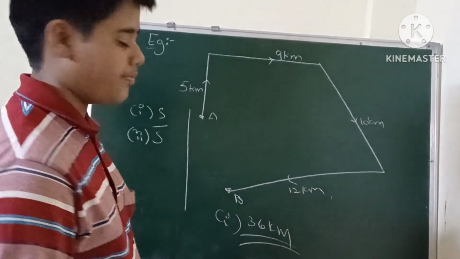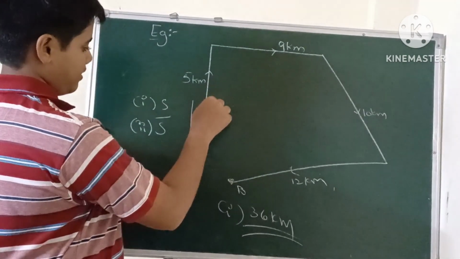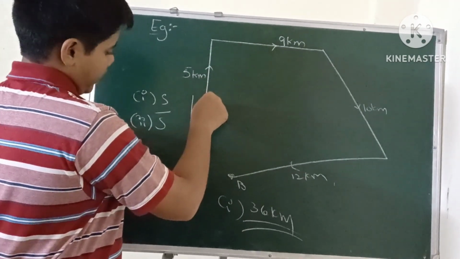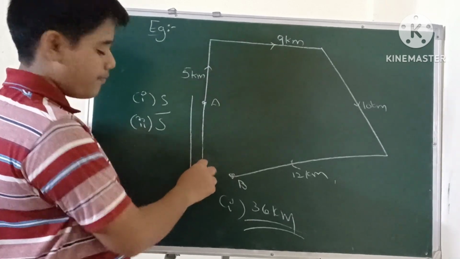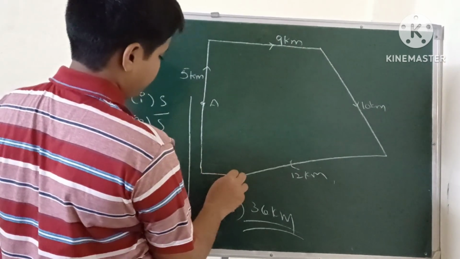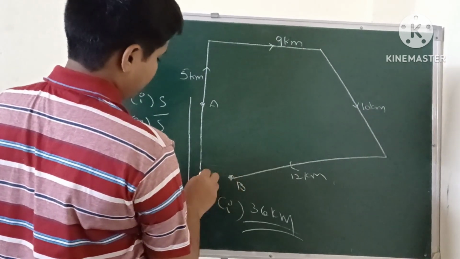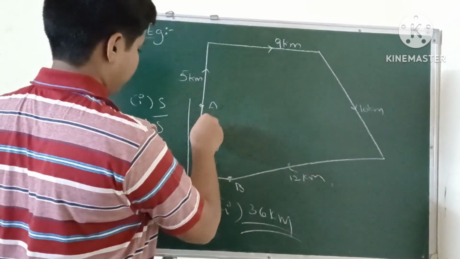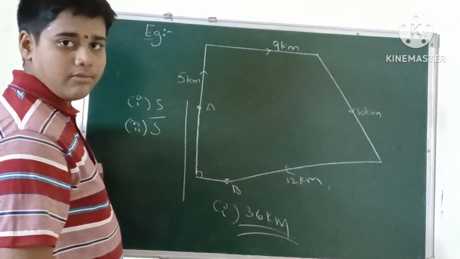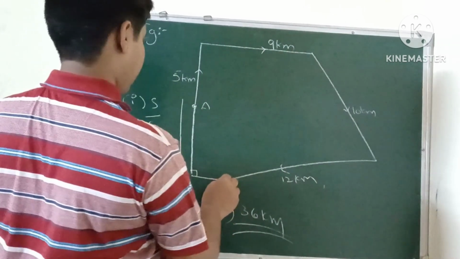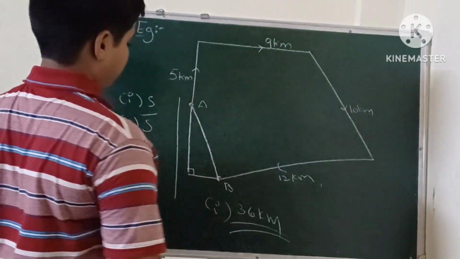And the displacement is, we have to draw first a straight line like this. This is one of the adjacent sides and this is the other adjacent side, and this is a right angle of 90 degrees and this is the hypotenuse of this triangle.